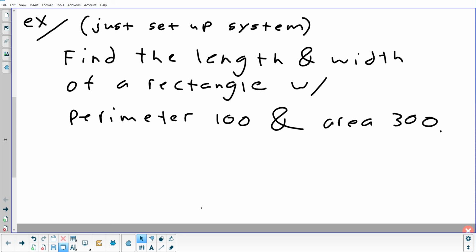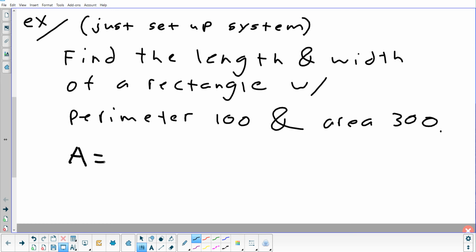What would be an equation that represents the area coming out to 300? Okay, what shape are we dealing with? Rectangle. What's the formula for the area of a rectangle? Length times width.